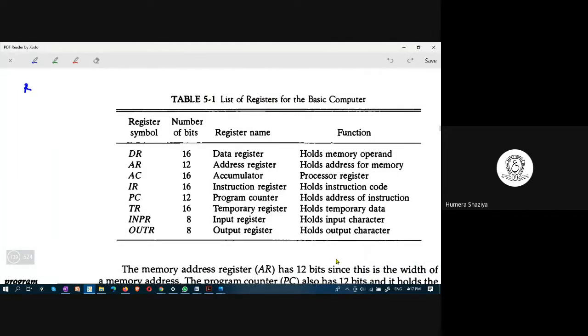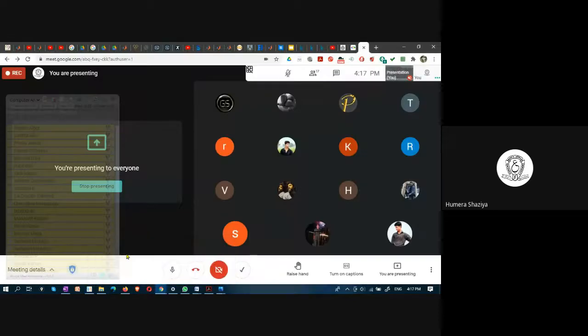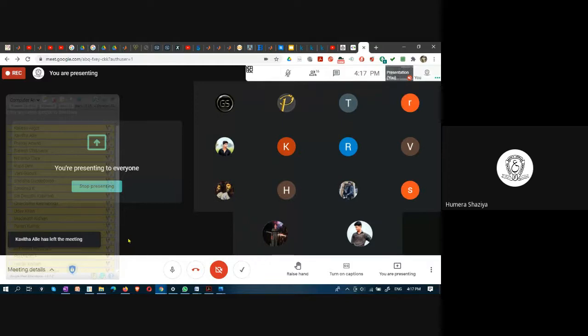Do you remember R1, R2? We did it during arithmetic micro operations. R1 equal to R2 plus R3 or R1 equal to R1 plus R2. Those are also registers. They are general purpose registers.